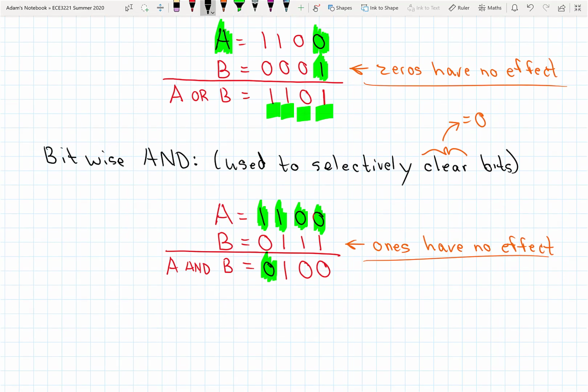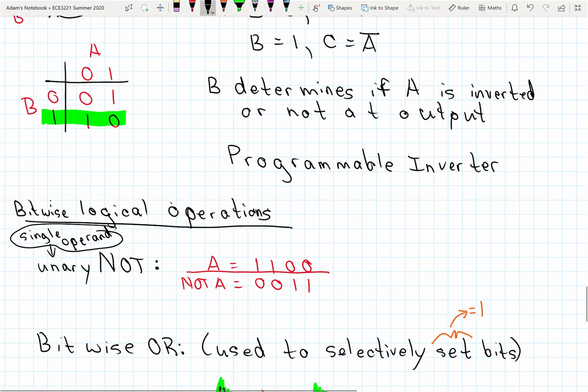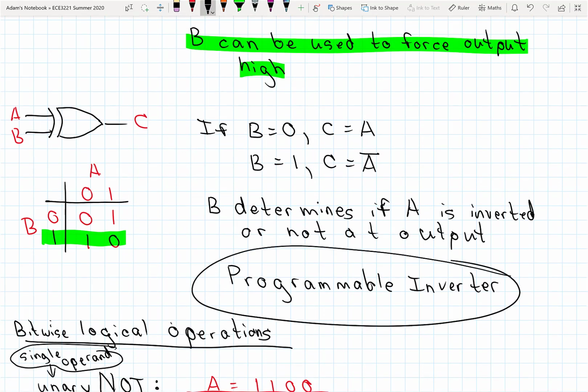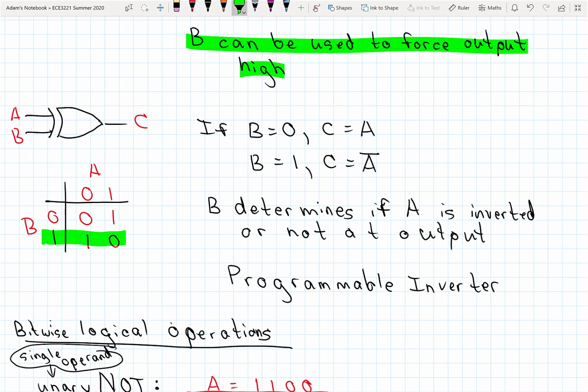Okay, let's look at one final one before we wrap this up. About a bitwise XOR. Well, as we stated up above, a XOR, use my highlighter, can be used as a programmable inverter.